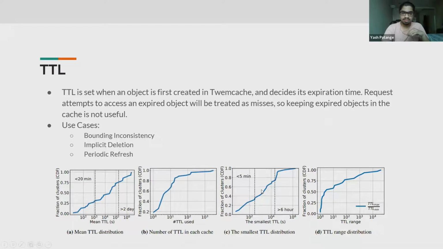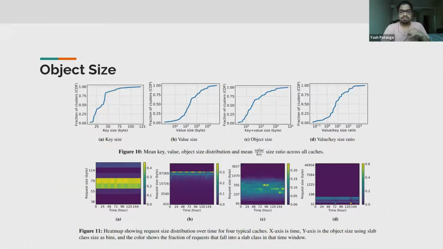Figure C, the third one, shows that the smallest TTL in each cache varies from tens of seconds to more than half a day. And figure D, the fourth one, shows the CDF of each workload's TTL range.